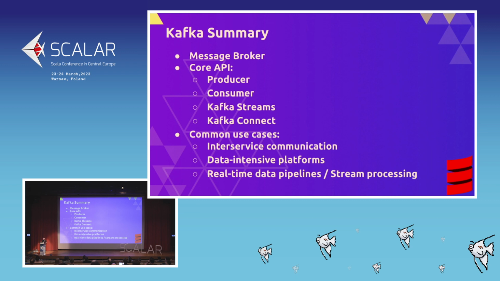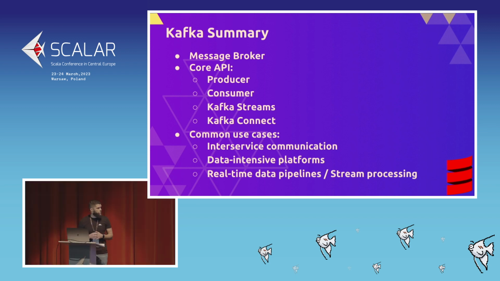Finally, some of the most common Kafka use cases are inter-service communication. Kafka is usually used as a data backbone for data-intensive platforms. And finally, the most obvious use case is just building a real-time data pipeline and doing stream processing on top of your Kafka cluster.